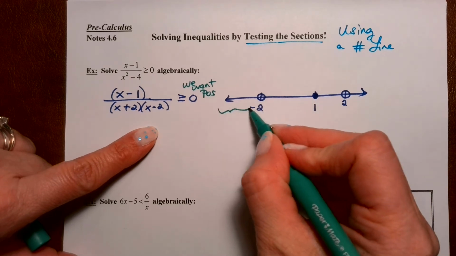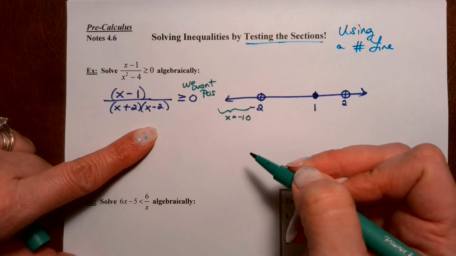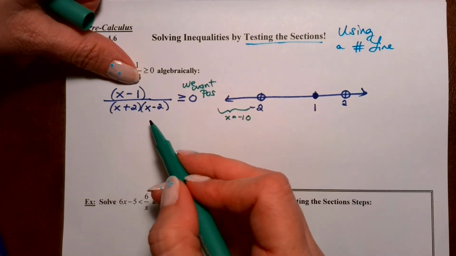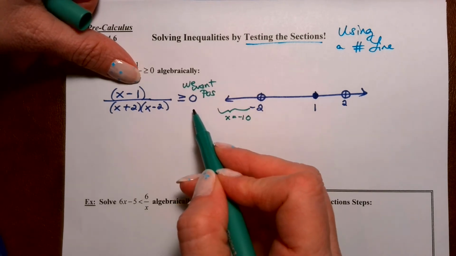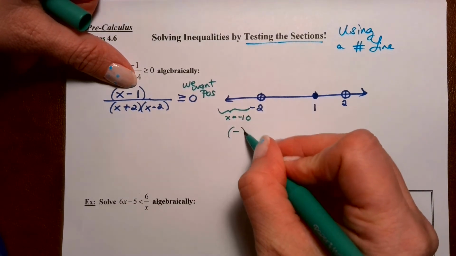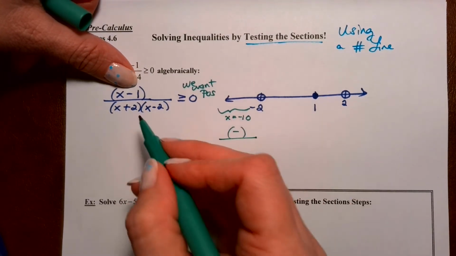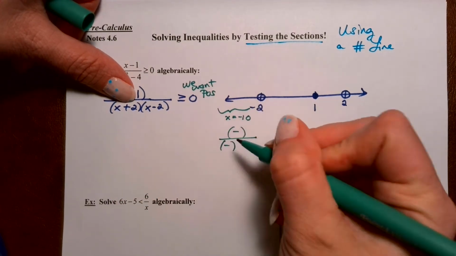This first section right here, I'm going to test the value negative 10. I'm going to put it into the inequality and see if it gives me a number that is indeed positive. So negative 10 minus 1 is going to make negative. In the denominator, negative 10 plus 2 makes a negative.